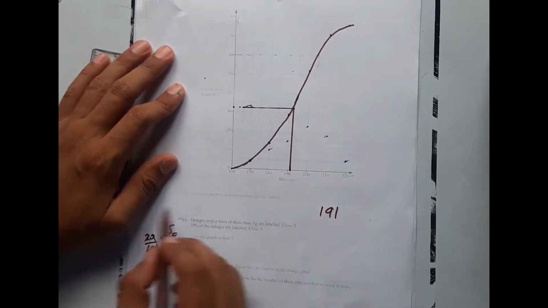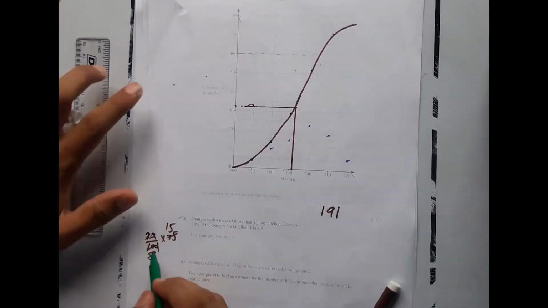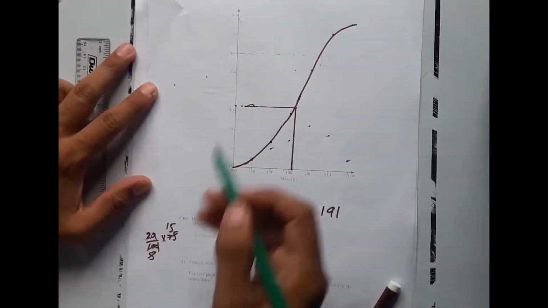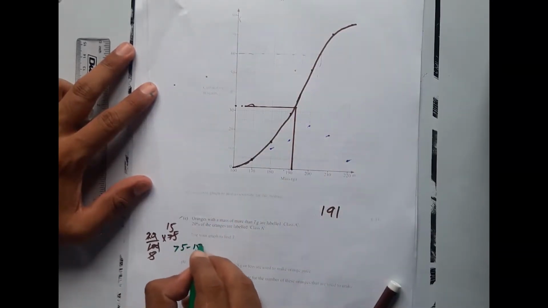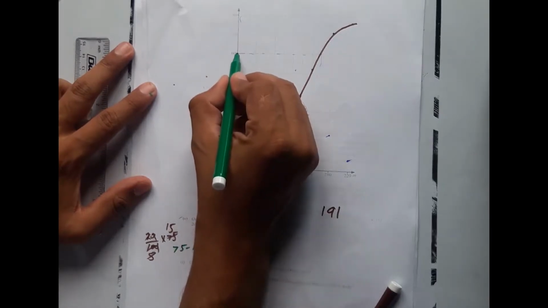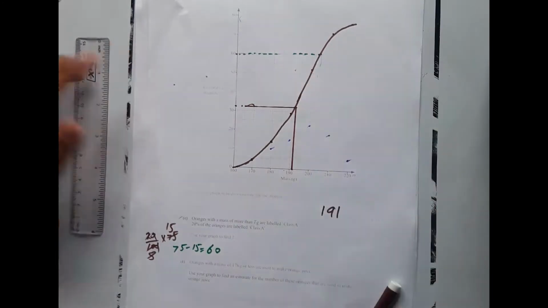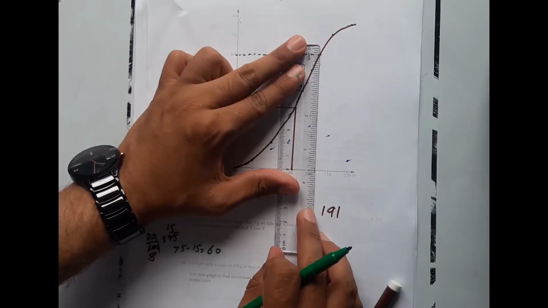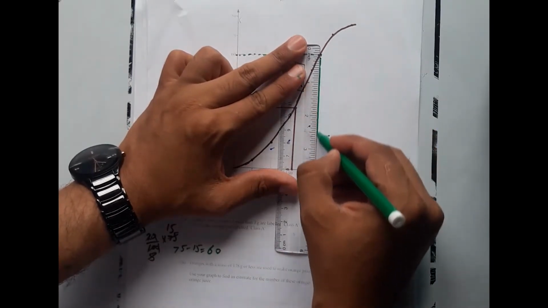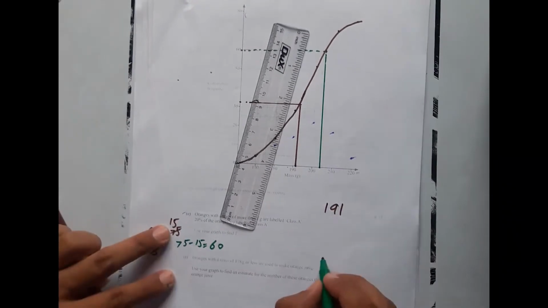So greater than this there are 15. Now the total is 75, so 75 minus 15 will be equal to 60. We will place a point here and draw the line. This will cut here and then join with the x-axis. So this is approximately 204. So values greater than 204 are class A.